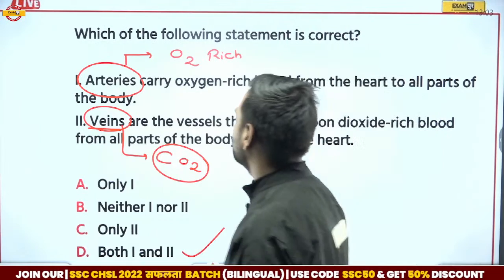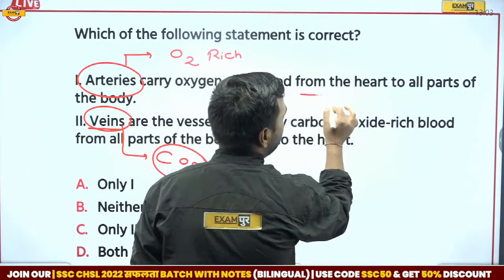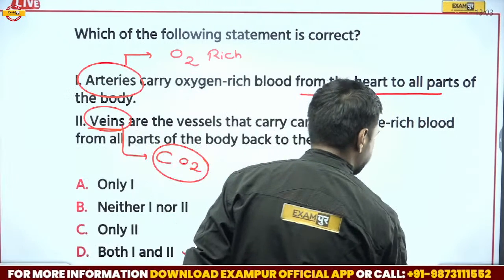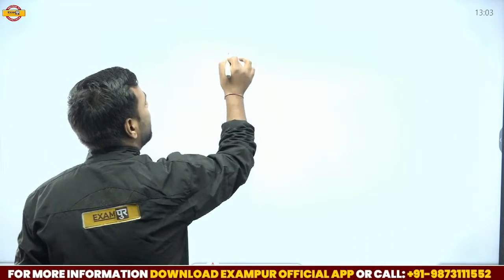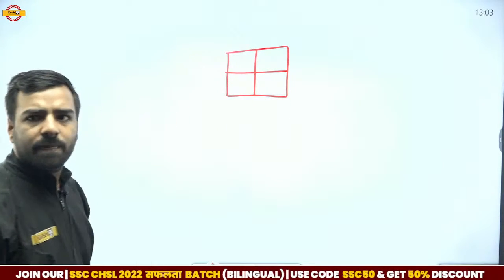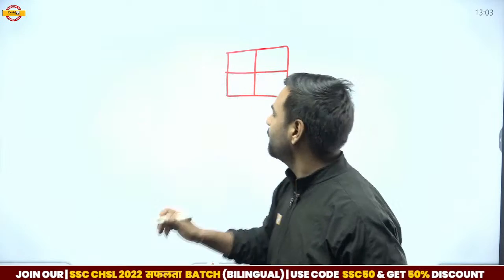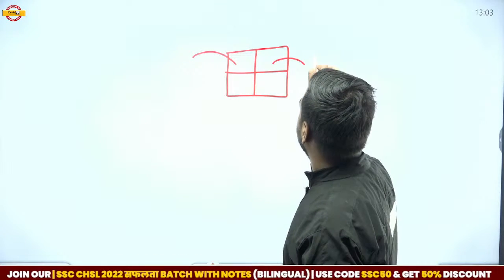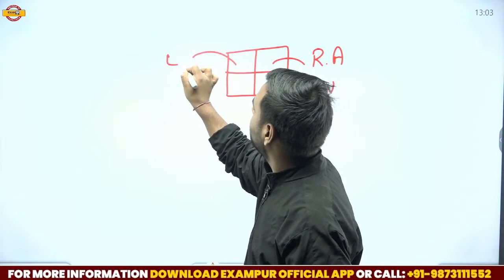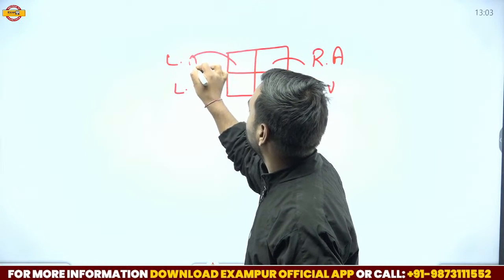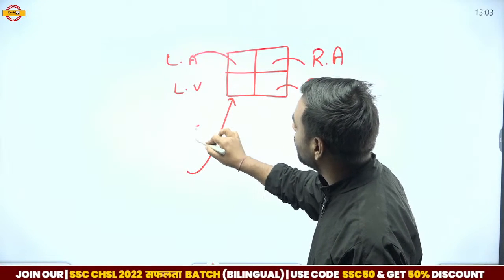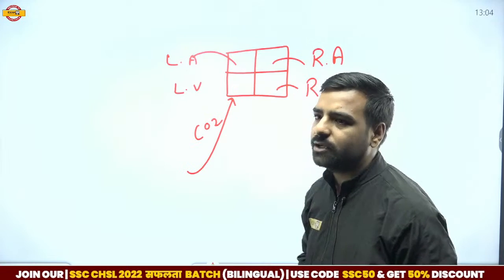Now let me tell you, there's one more thing. It is written from the heart to all the parts of the body. What does this mean? Let's make a diagram. If I make the heart over here, I know there are four parts of the heart: the right atrium, right ventricle, left atrium, and left ventricle. Now, what happens when the blood is reaching the heart? This means we are talking about blood which is rich in carbon dioxide.